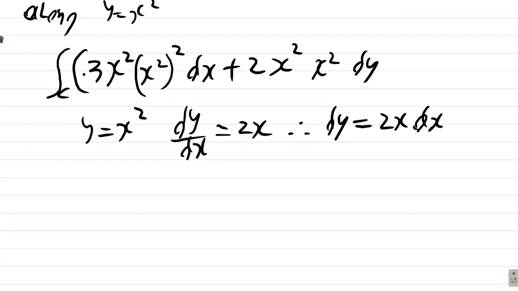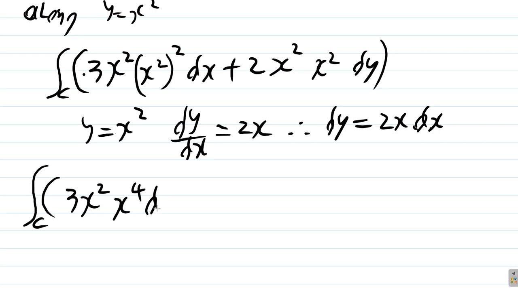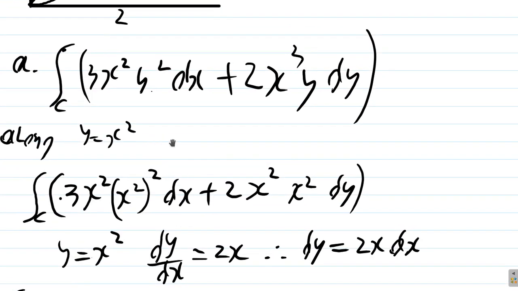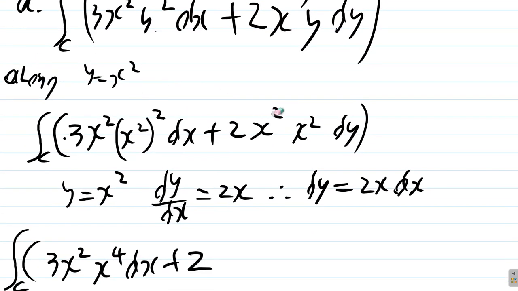So let's rewrite this and say the integral along the curve of 3x squared, well, x squared squared is x to the 4th dx plus 2, well, here we have x cubed, my mistake.